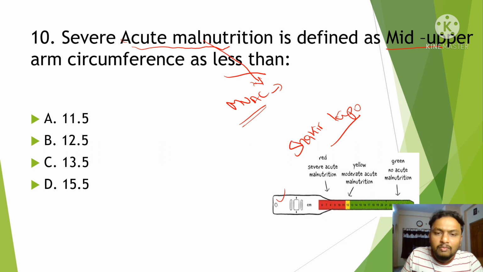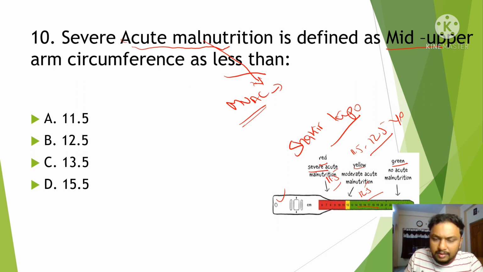So when will we consider it as severe acute malnutrition? I told you red, yellow, green. Three regions are there in this tape. Above 12.5 is considered the green zone, between 11.5 and 12.5 is the yellow region, and less than 11.5 is considered red.